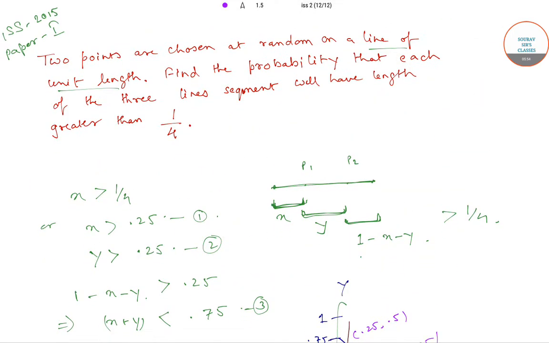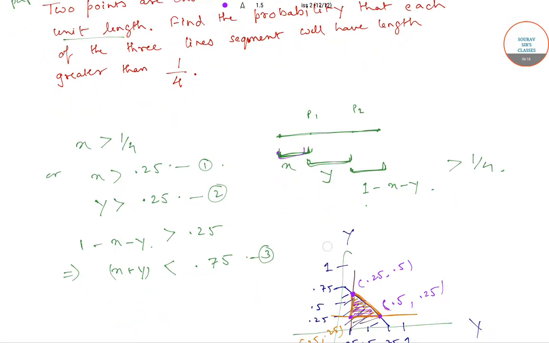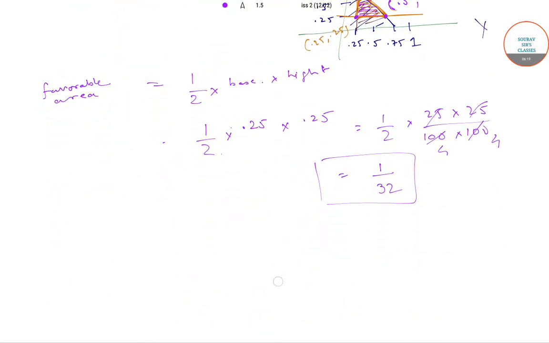If we do not take into consideration the condition that all the segments should be greater than 1 by 4, then the length of x could be 0 to 1. Similarly, the length of y could go from 0 to 1. So if we draw the graphical representation of the total area, this is the x-axis, this is the y-axis, and here it's 0.5, 1, here it's 0.5, 1.